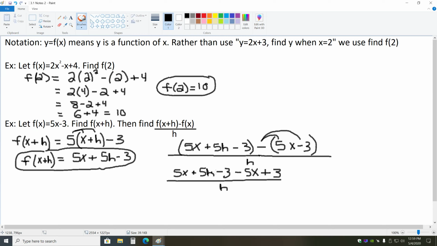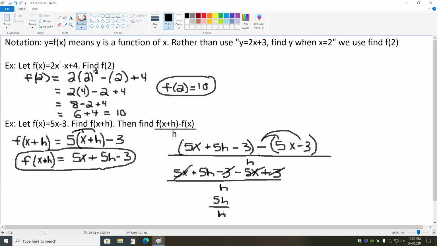And now notice we have a 5x minus 5x. Those will cancel out. We have a negative 3 plus 3. Those will cancel out, which will leave us with just 5h in the numerator divided by h in the denominator.